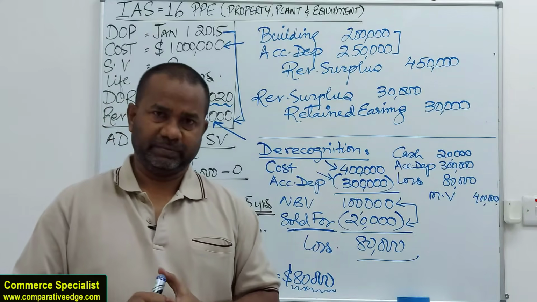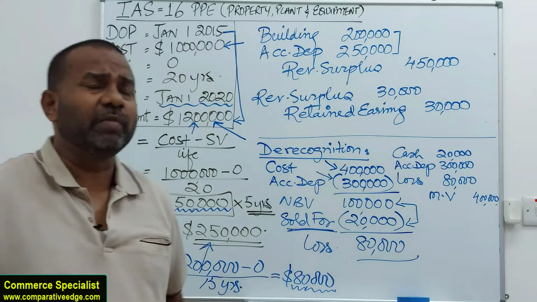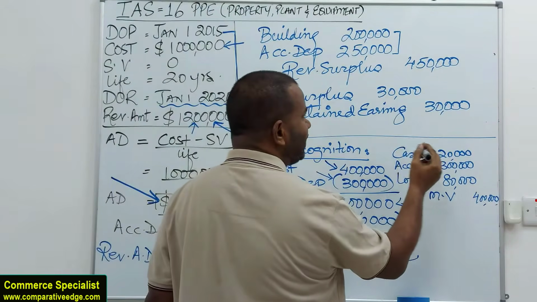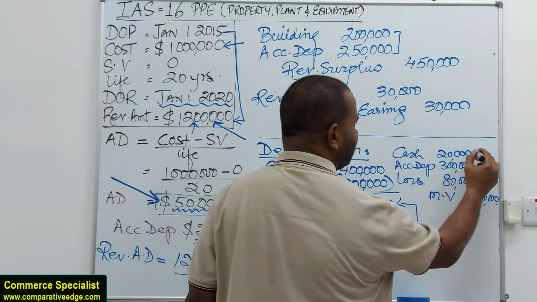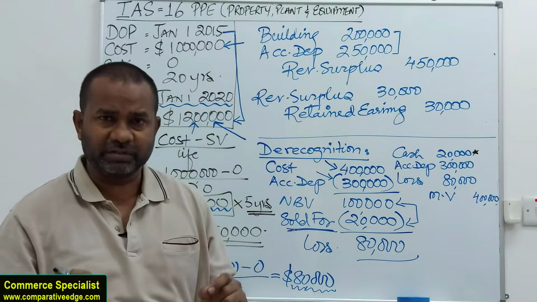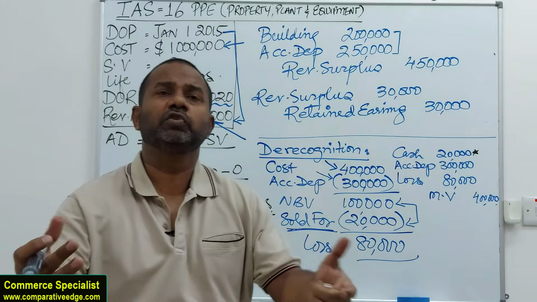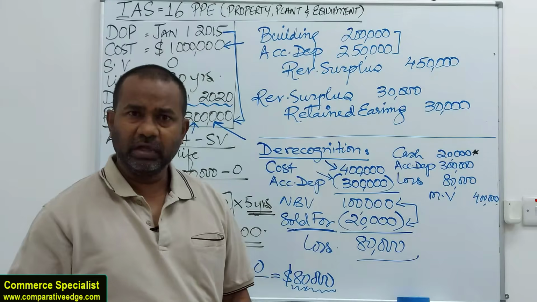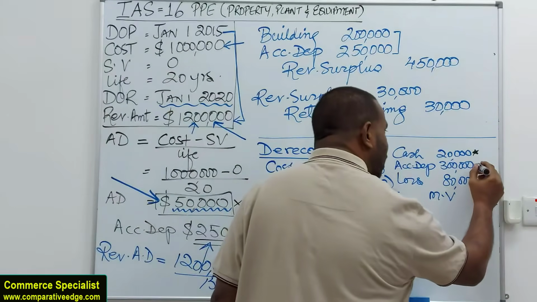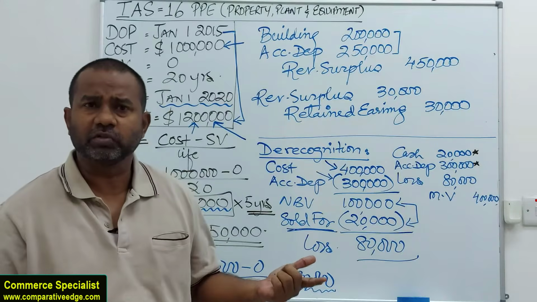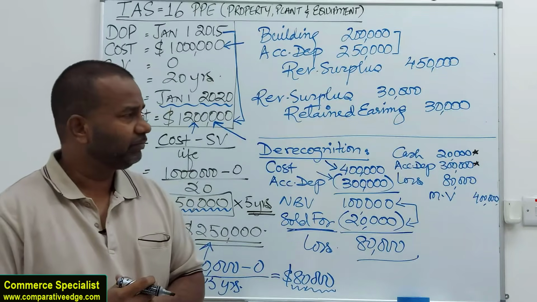disposal of an asset. One thing you need to remember is, look, cash would always be debited. I'm just putting an asterisk here. Cash will always be debited with the sale proceeds, which means the amount which you're getting when you're selling it. Accumulated depreciation will always be debited to close the accumulated depreciation account.